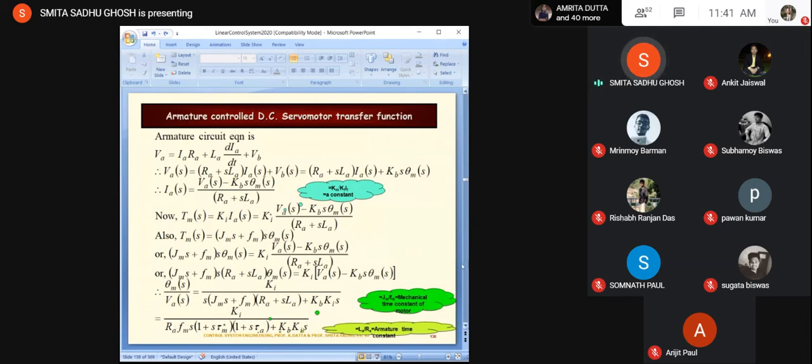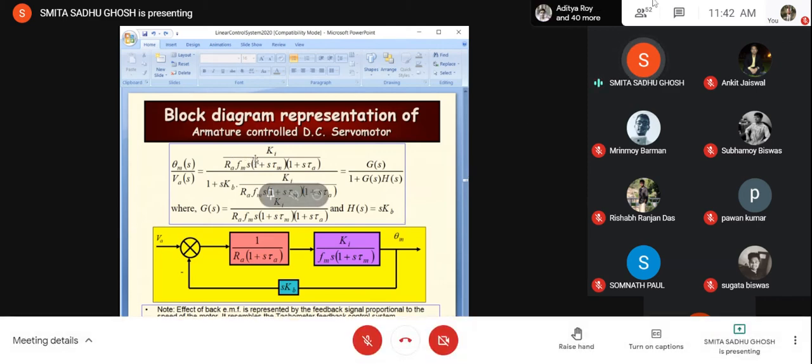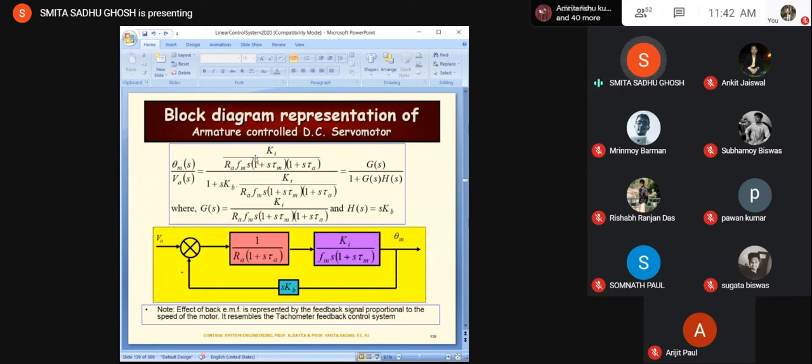By doing that, what we get is Ki divided by Ra Fm whole into (1 plus s tau m)(1 plus s tau a) in the numerator, and in the denominator we have 1 plus s Kb into Ki, divided by again this. So we can now rewrite that in this form, that is G(s) by 1 plus G(s)H(s).